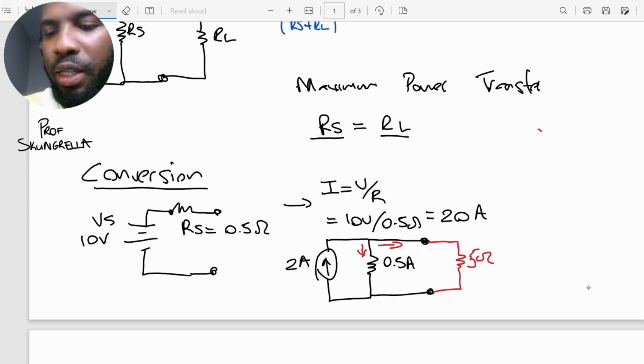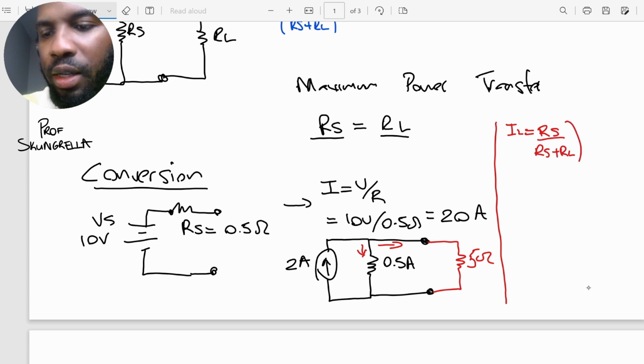To calculate this, let us use the current divider equation like we just saw. IL, which is our load current, is going to be equal to RS over RS plus RL times our total current, IS.